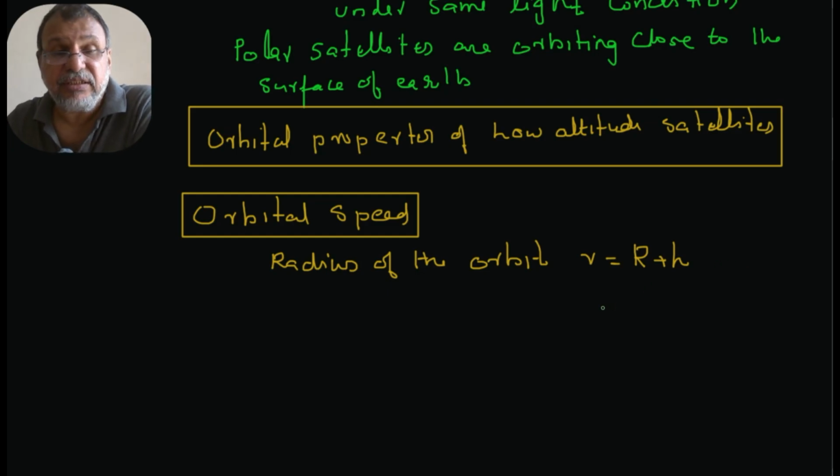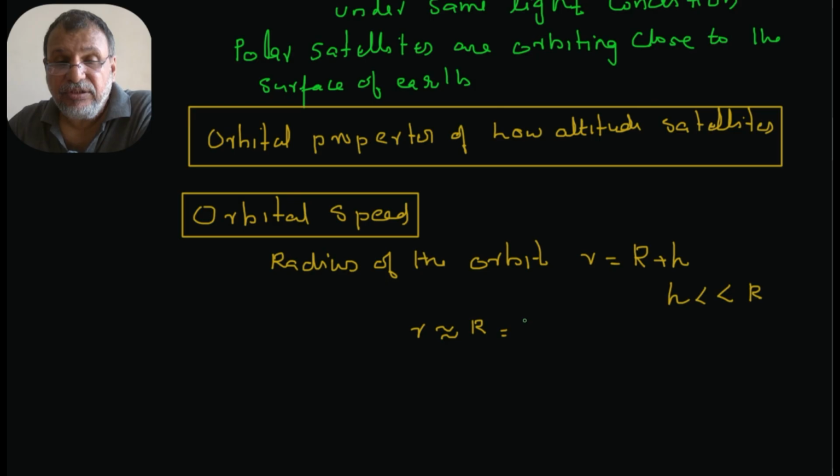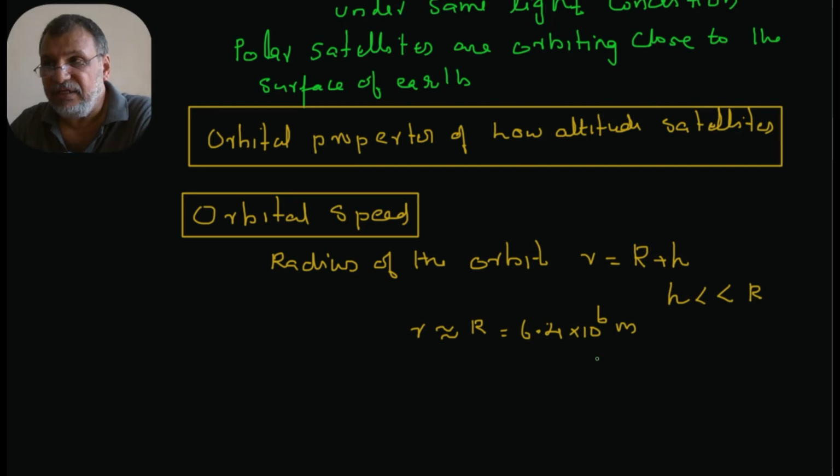But in near Earth orbit, h is much smaller than R. So we can assume r is approximately equal to the radius of Earth, about 6.4 times 10 to the power 6 meters. Compared to the radius of Earth, the height of the satellite will be very little, so it will not make any significant difference.